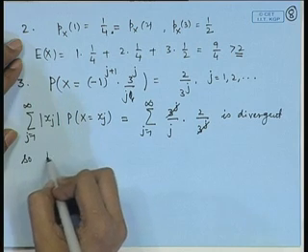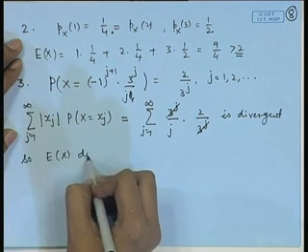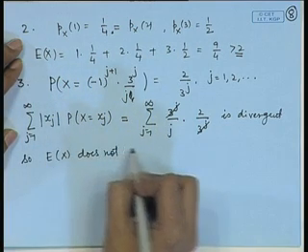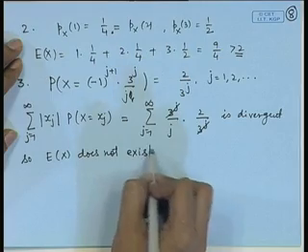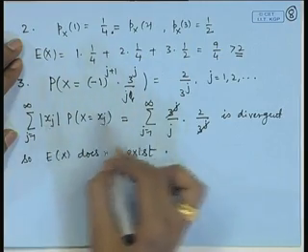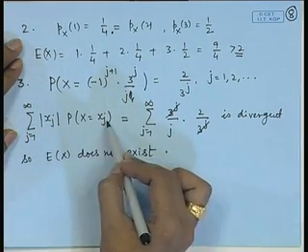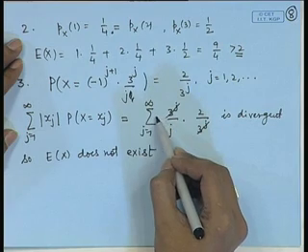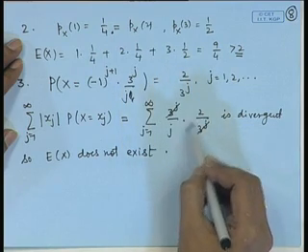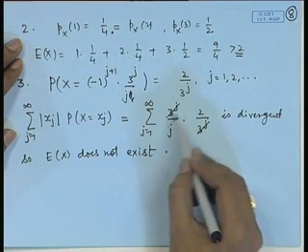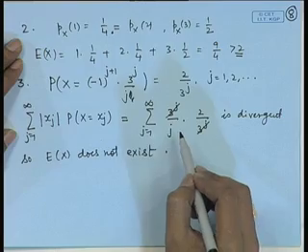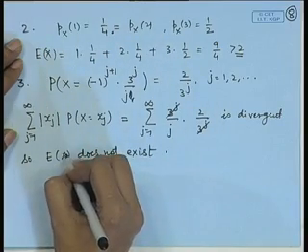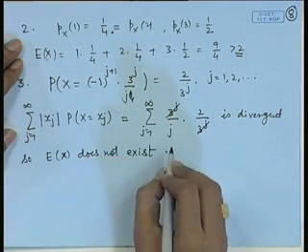So expectation x does not exist. Although one may write here sigma xj probability x equal to xj, and here you will get minus 1 to the power j plus 1 2 by j, which is having value log 2, but it is not absolutely convergent. Therefore, expectation x does not exist here.